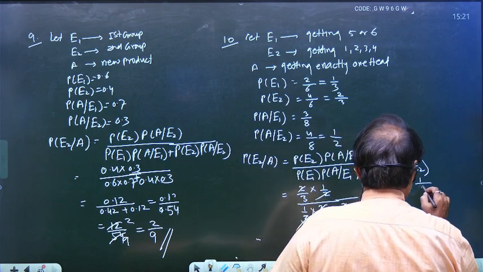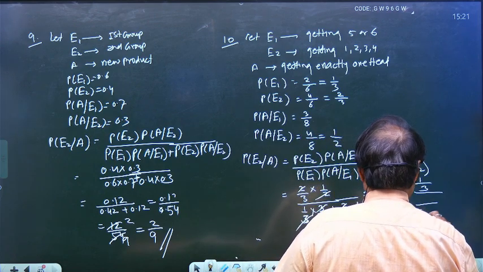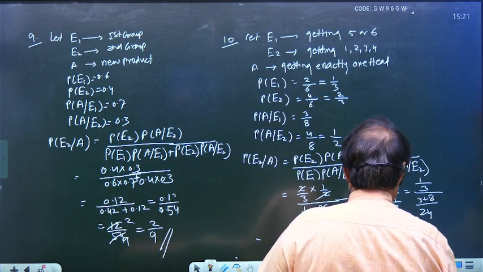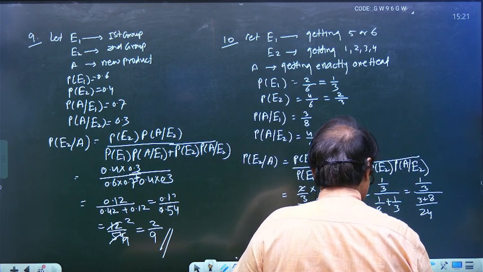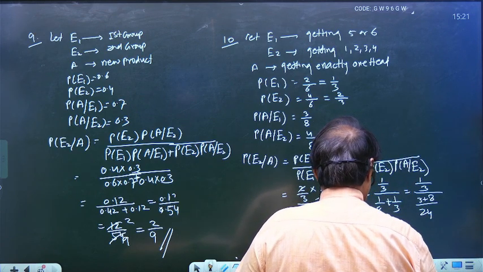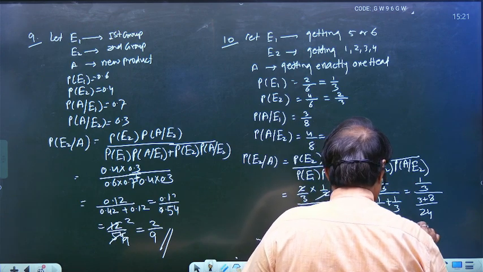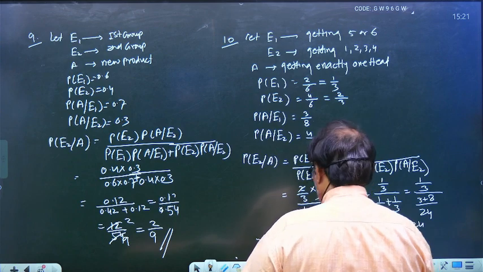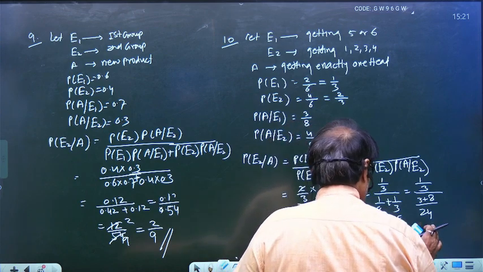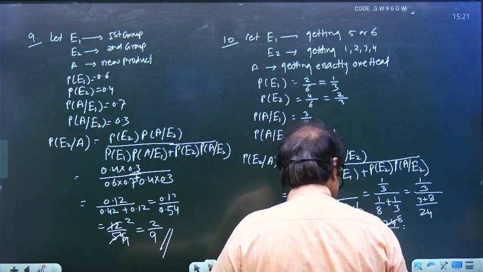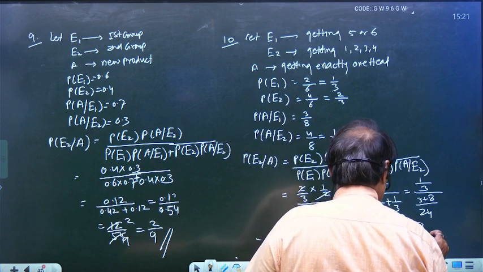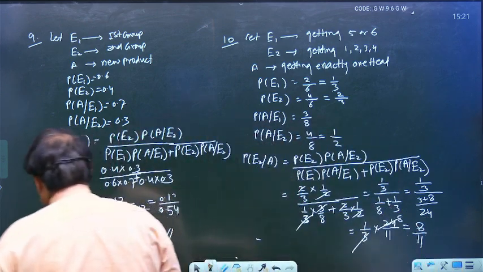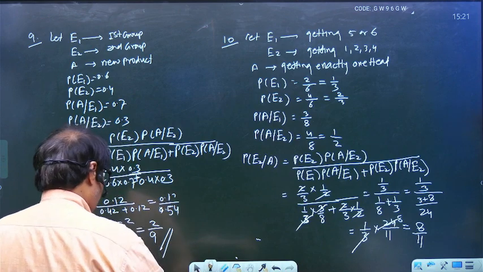So 1 by 3 and the LCM is 24. So 1 by 3 into 24 by 11. 3 8s are 24. So the answer should be equal to 8 by 11, right? So in calculation, be careful.